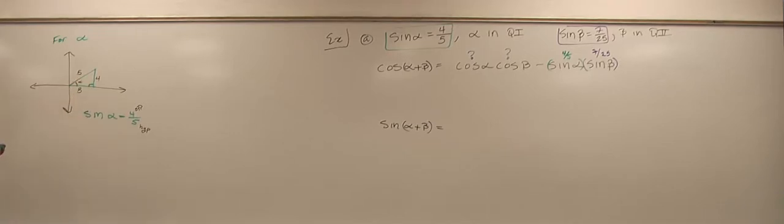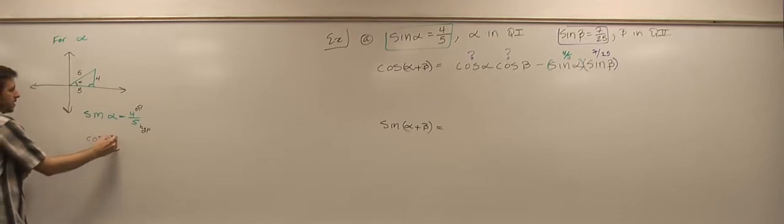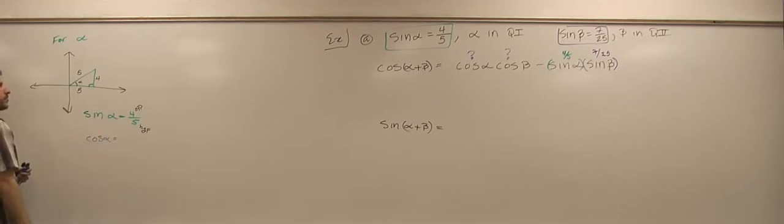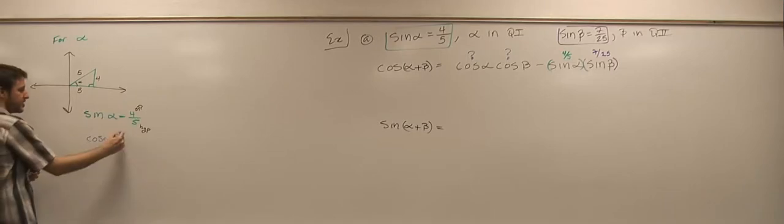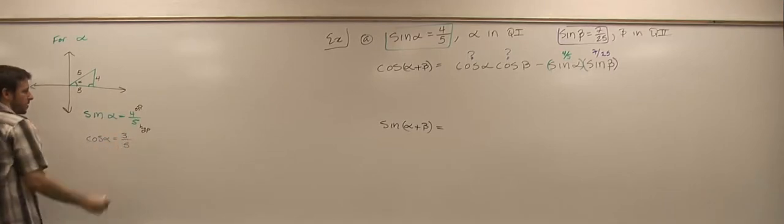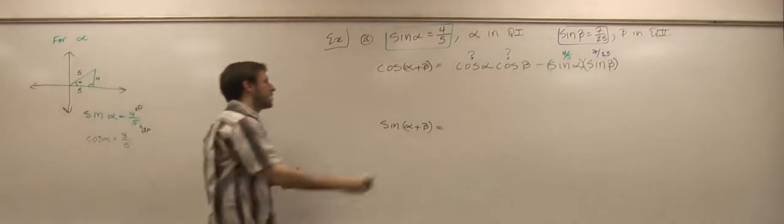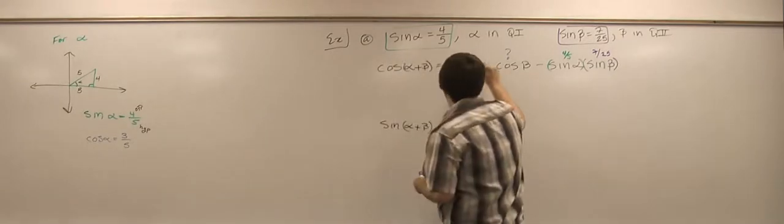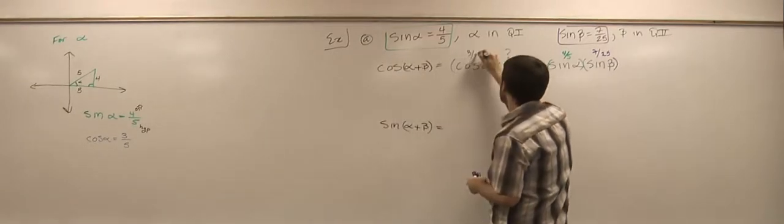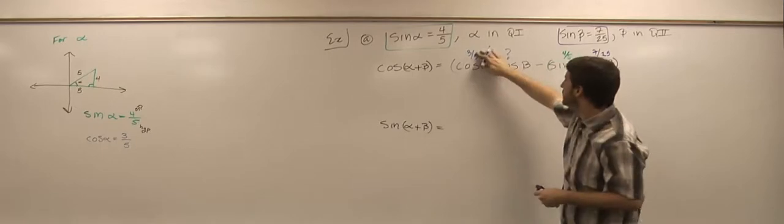So then I can calculate cosine of alpha. What should it be? 3/5, adjacent over hypotenuse. So I've calculated this portion of my expression.